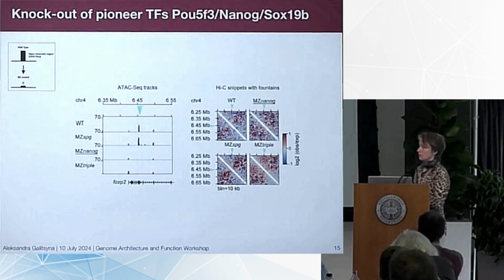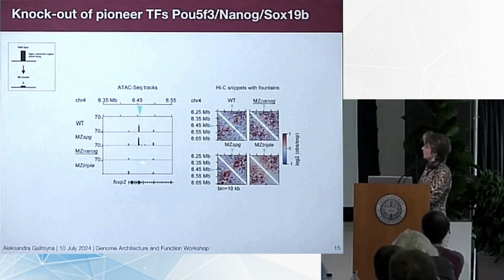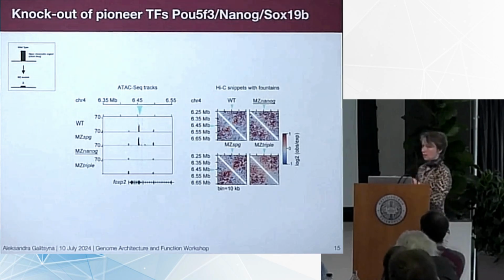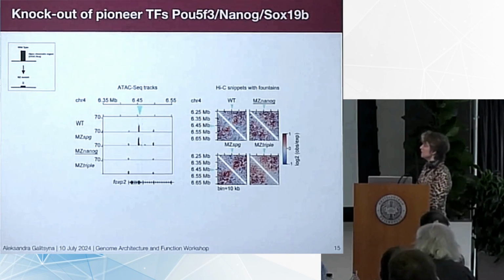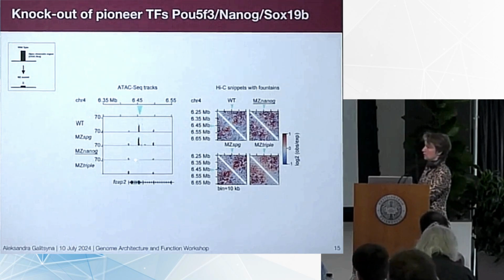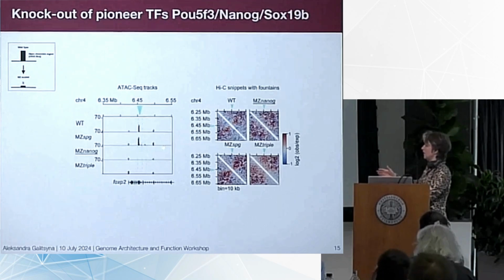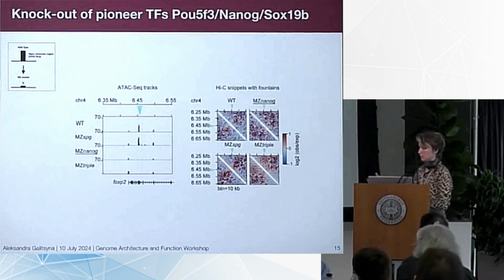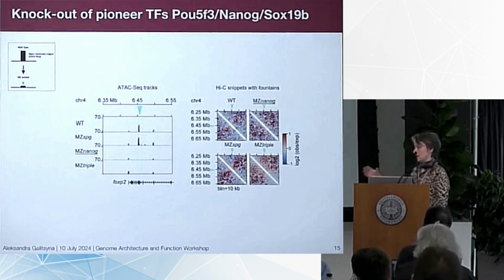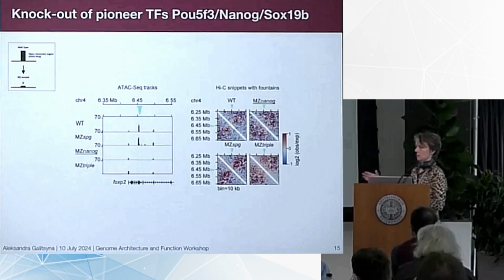In this situation, we can take the regions where the factors indeed disrupted chromatin openness, and the enhancers are no longer there. This is an example for the enhancer of the FOXP2 gene. At this location, the transcription factor abolishment leads to the absence of any regulatory event, and at the same time it leads to abolishment of the fountain. So there is indeed a linkage between the formation of the structures and the presence of a transcription factor dependent enhancer.